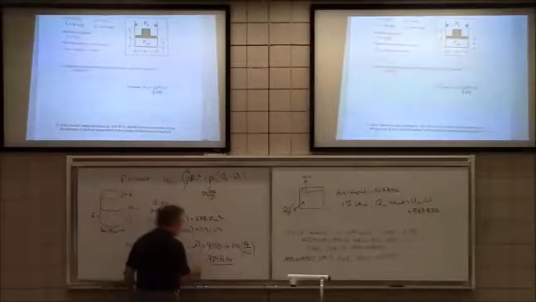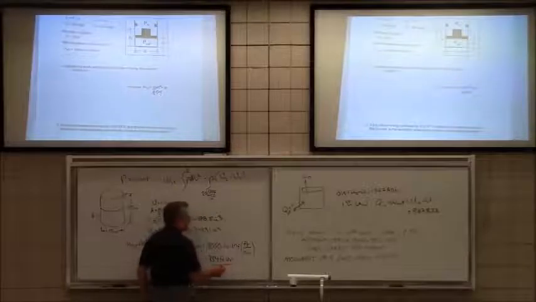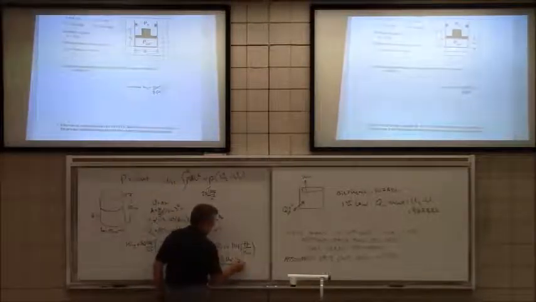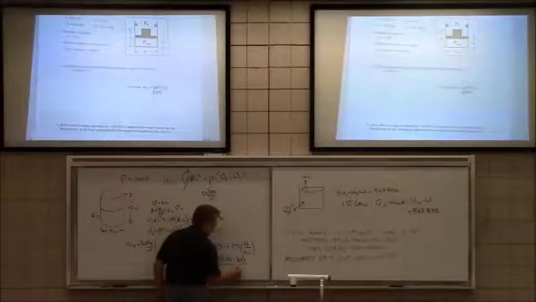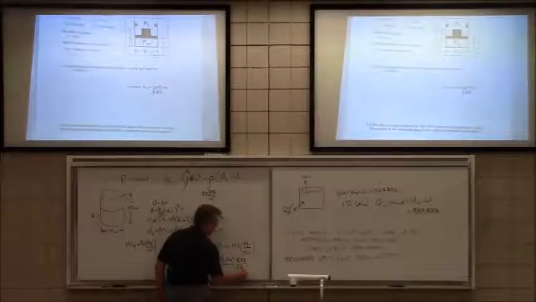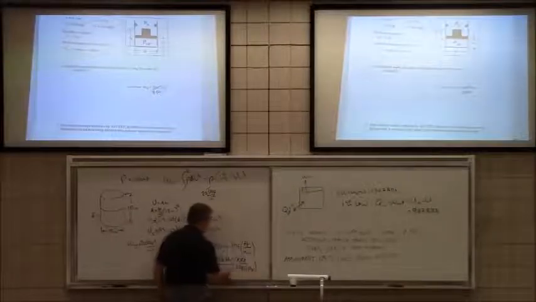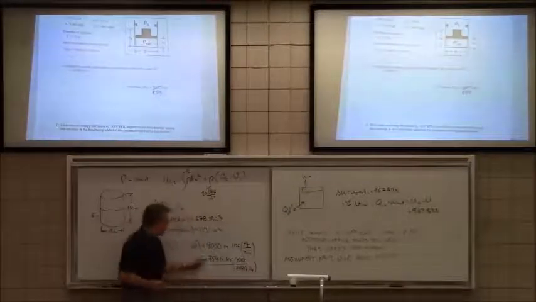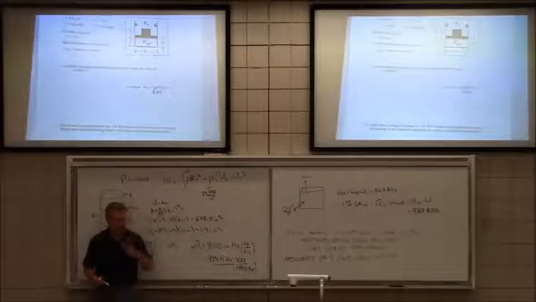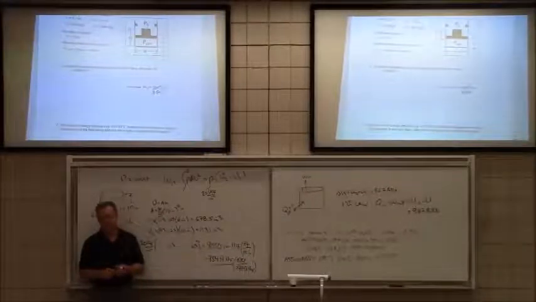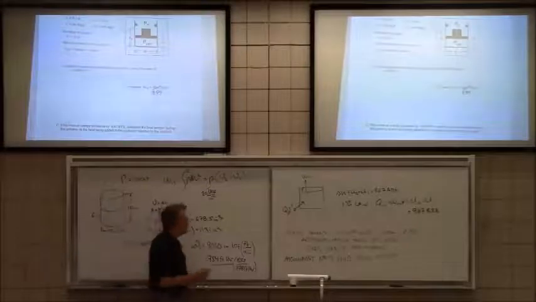So the 754, the way we convert that to BTUs is to say that a BTU over 778 foot-pounds. And what does this come out to be? 754 divided by 778 is 0.969.